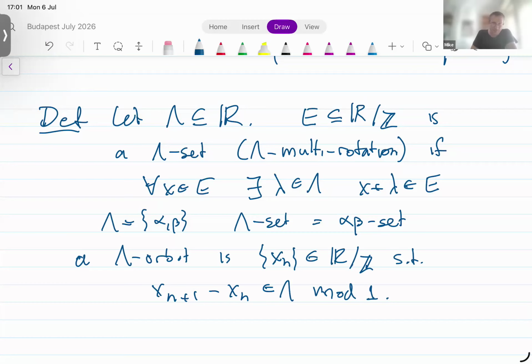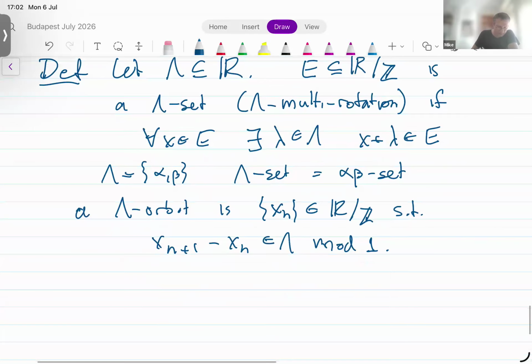So a lambda orbit is a lambda set by definition, because if you take the next point in the sequence, that's also a point in the sequence, and it's obtained from the previous point by adding an element of lambda. And conversely, every lambda set contains a lambda orbit, because you just start from one point, and the definition tells you how to build at least one sequence from that point. Maybe there's more than one choice. Each step you go to another point in E by adding an element of lambda.